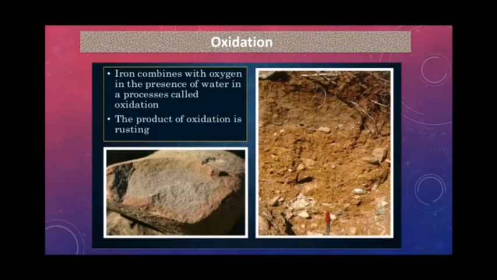This is called rust. When you kept the nails in the wet cloth, you might have noticed a similar thing that we did in the experiment. A similar process occurs in rocks in areas with heavy rainfall.